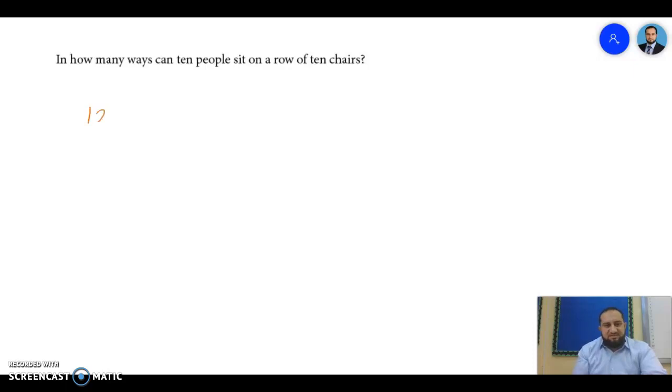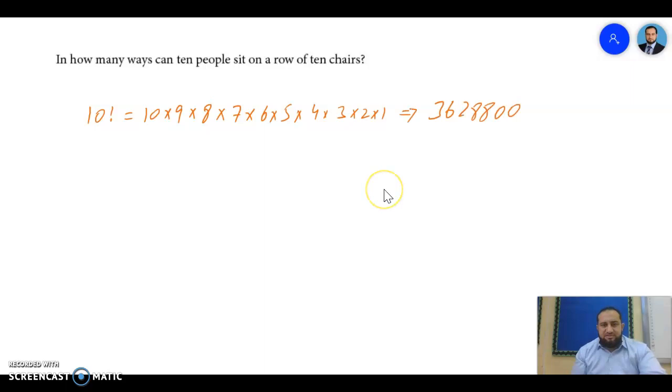So technically this is 10 factorial, which is 10 times 9 times 8 times 7 times 6 times 5 times 4 times 3 times 2 times 1. You can simply use a calculator for this, and you will get the answer.